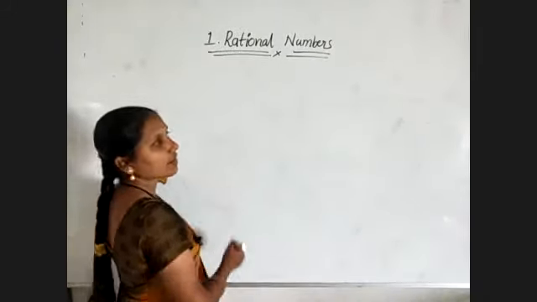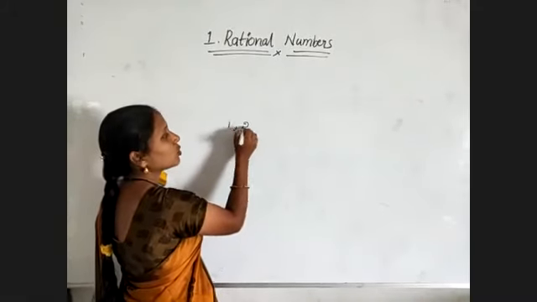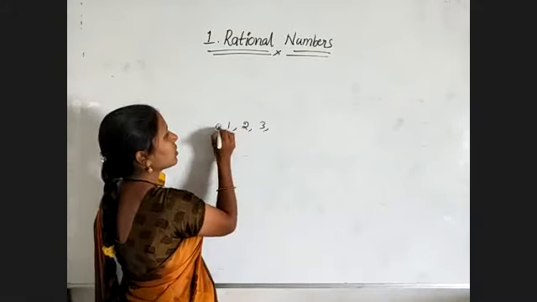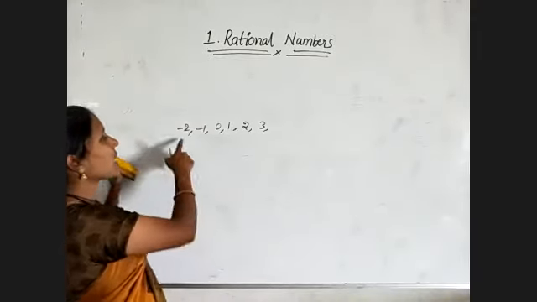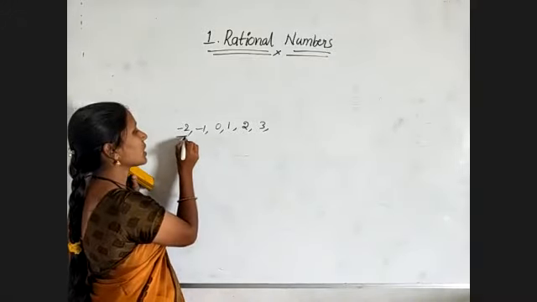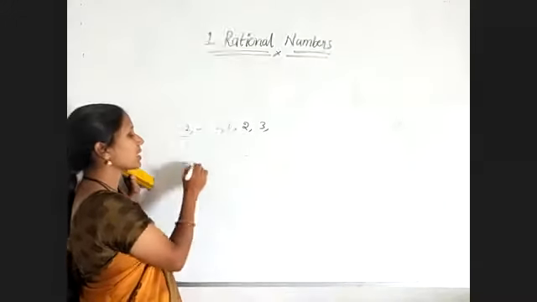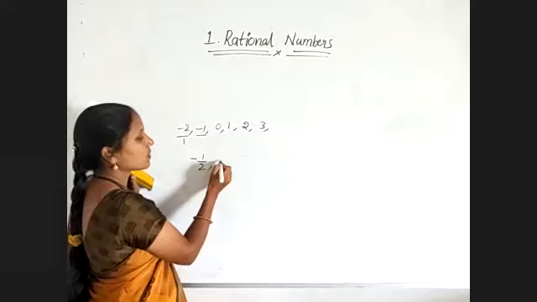Which numbers have multiplicative inverses as themselves? Of course, I am taking 1, 2, 3, 0, minus 1, minus 2, like this. So what is the multiplicative inverse of minus 2? Minus 2 is nothing but minus 2 by 1. So what is its reciprocal? Minus 1 by 2. And what is the reciprocal of minus 1?